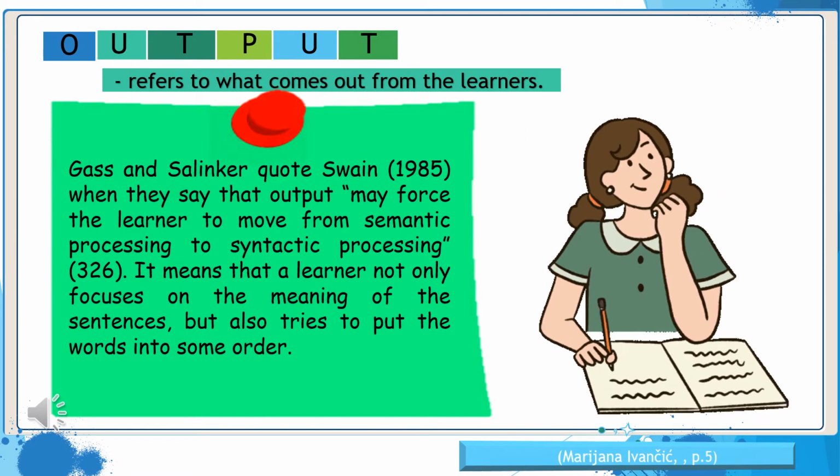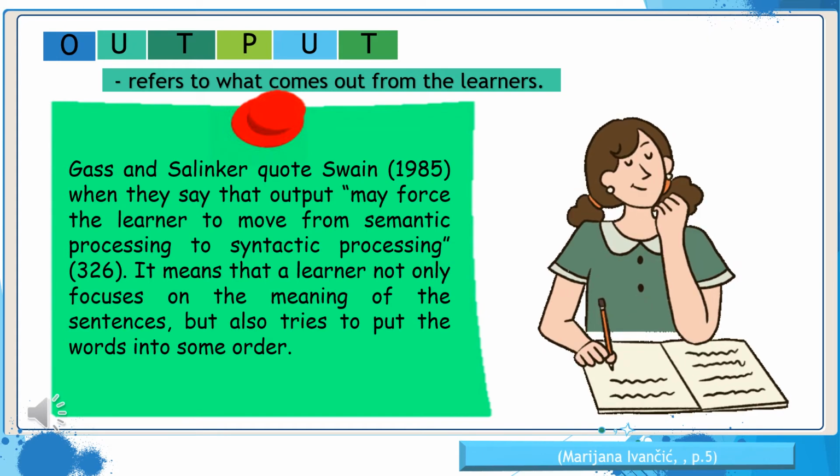So now let's proceed to the last component of language learning, which is the output. Output refers to what comes out from the learners. Swain states that output may stipulate learners to move from the semantic, open-ended, non-deterministic, strategic processing prevalent in comprehension to the complete grammatical processing needed for accurate production.